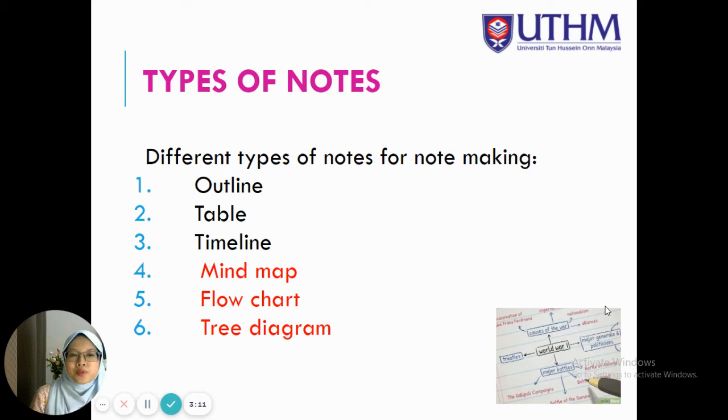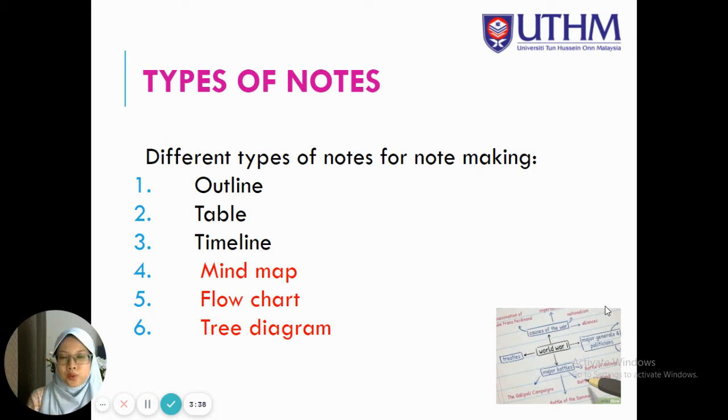So the types of notes that we can produce for listening, there are 6 types. The first one is outline, where you write chronologically from the introduction part until the end. Number 2, you can use a table, especially for comparison. The third one is timeline, especially for chronological order.